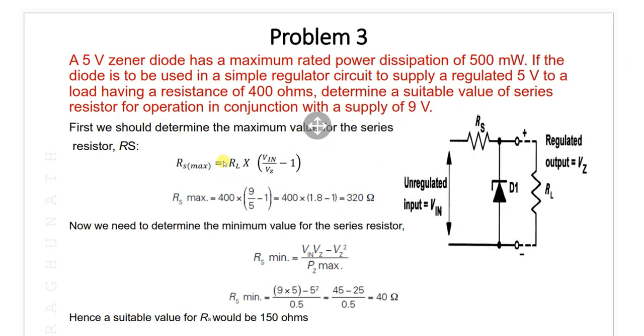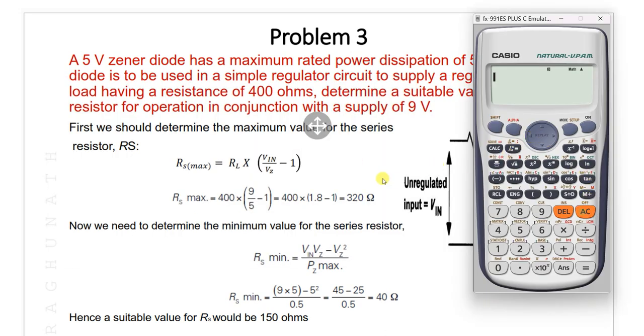Referring to the same problem, you substitute Vin as 15 volts, then Vz of the Zener diode is given as 9, minus 1, then multiplied with RL, 300, given in this assignment problem. So it is 200 ohms.